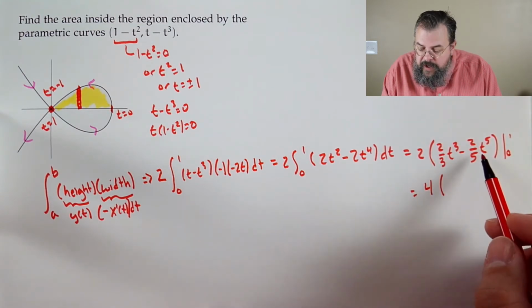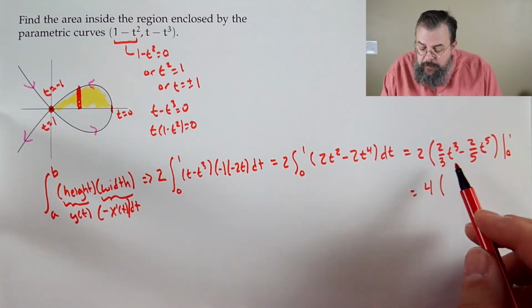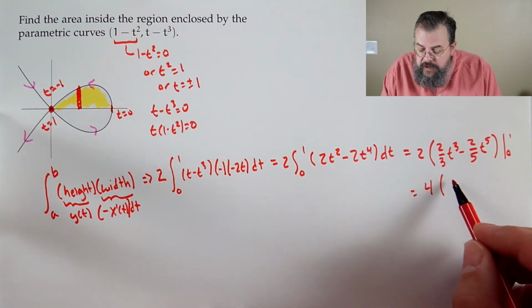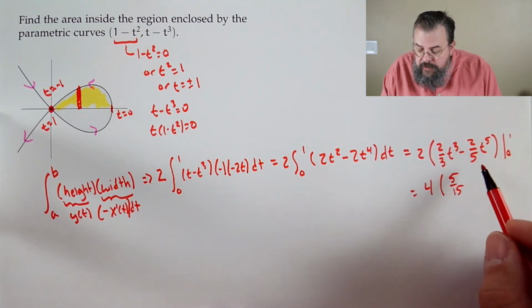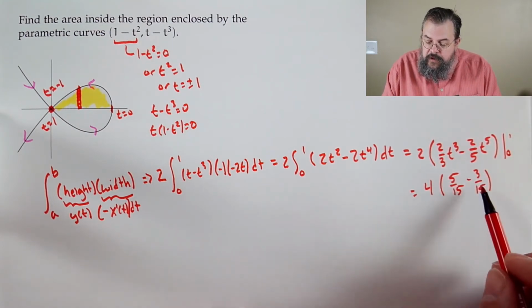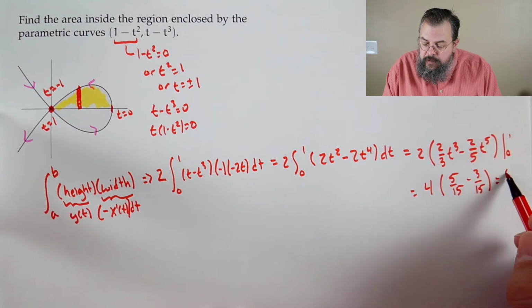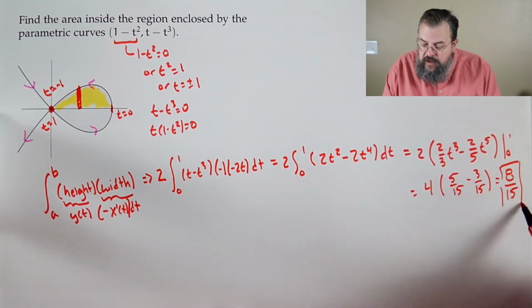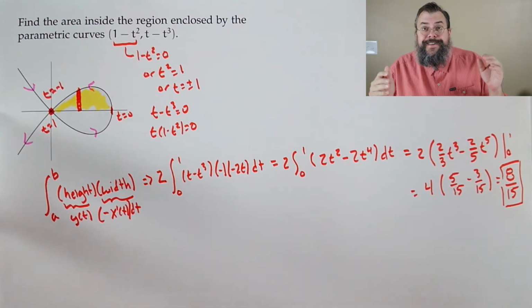Then you have 1/3 minus 1/15. Sorry, 1/3 minus a fifth, put into 15ths. 1/3, 5/15. 1/5, 3/15. So that'll be 2/15 times 4, leaving us with 8/15. And there we go.